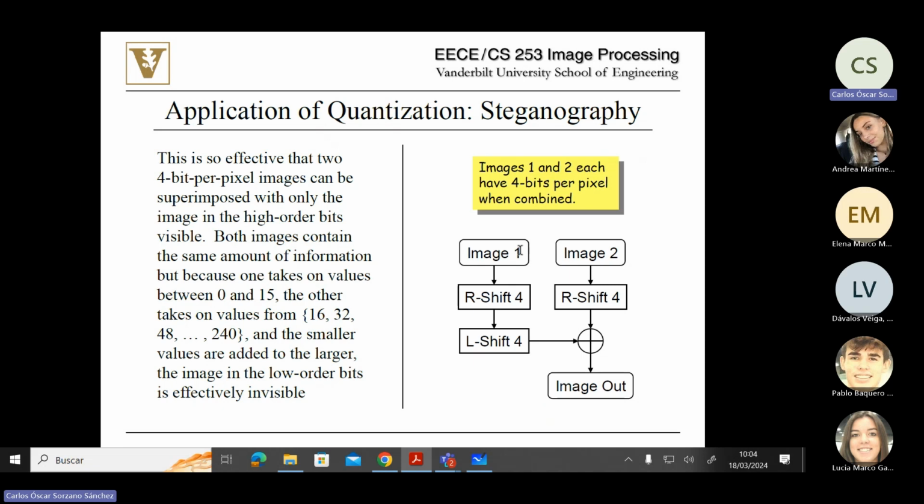We can extend this idea with 4 bits. So we right shift by 4, left shift by 4, and the first 4 bits are coming from image 1, the last 4 bits are coming from image 2.